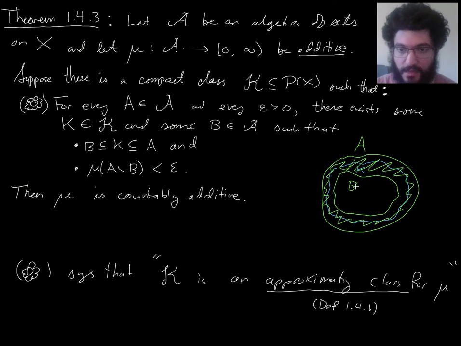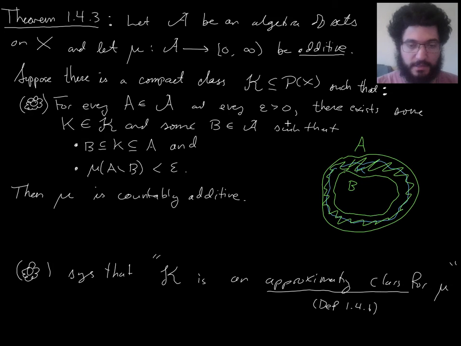So for every A, there's a B, such that there's a K that you can stuff in between, and such that the region is as small as you want. So that condition I'll refer to as flower, and this is a way of saying K is an approximating class for mu.